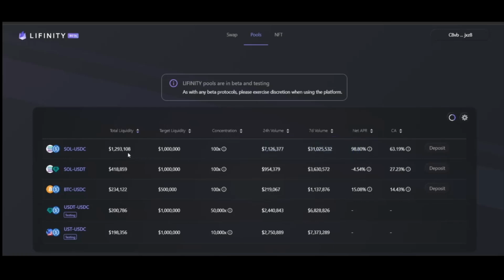So for example, right here, the Sol USDC has 1.3 million of liquidity. If you wanted to provide the same level of liquidity on a constant product AMM, you would need 100 times that. So about 130 million of liquidity to provide the same level of liquidity. So this number basically just tells you how efficient we are.